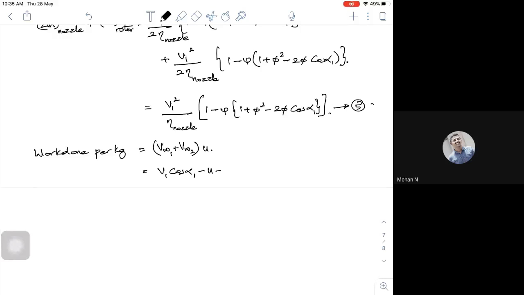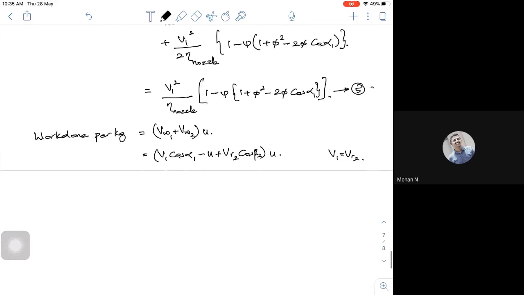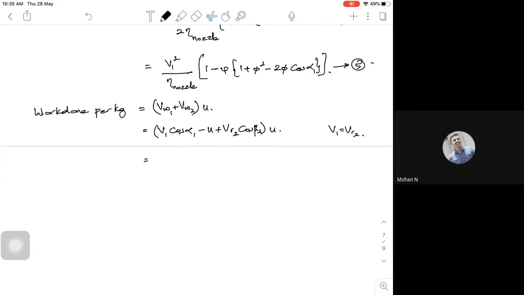But VR2 is equal to V1, so the same expression I can write as V1 cos alpha 1 minus U plus V1 cos beta 2 into U.